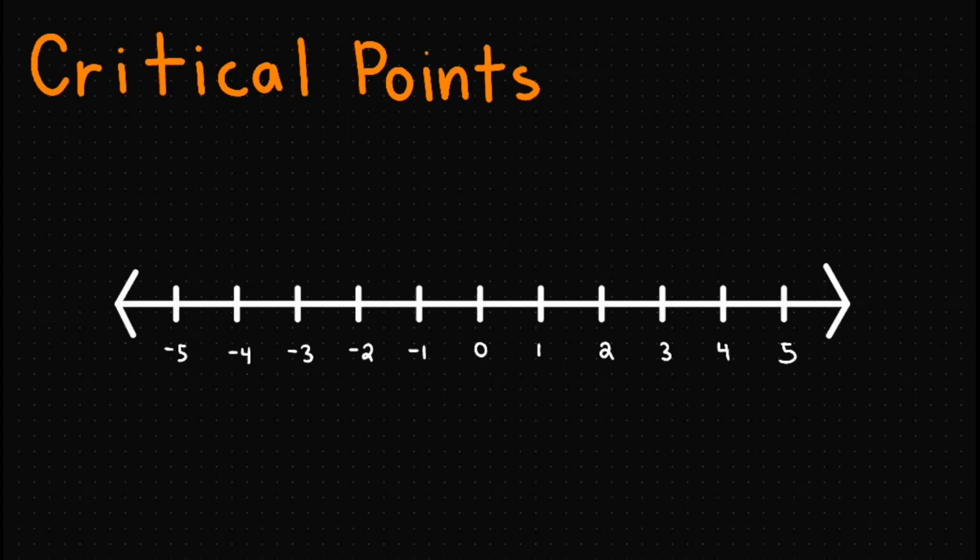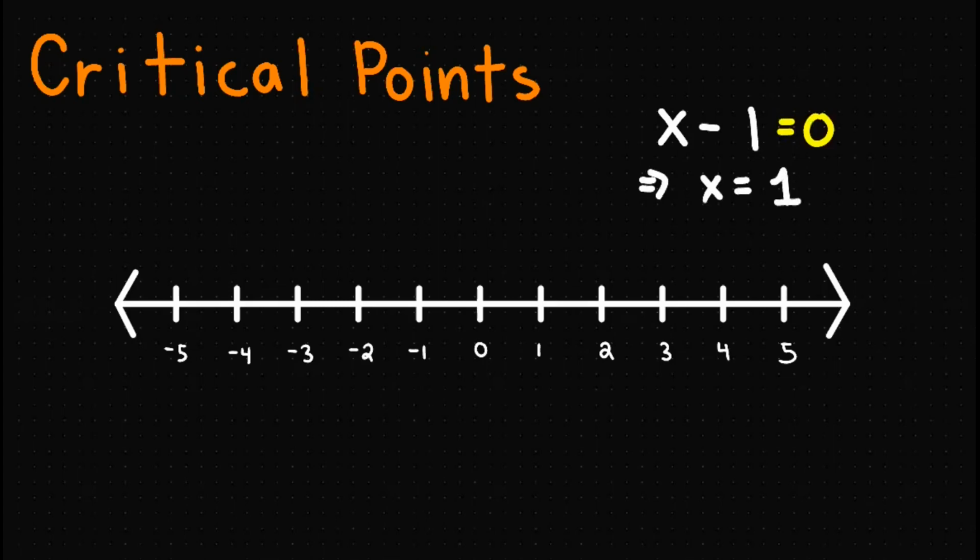So for instance, if we have a given x minus 1, the first step to get the critical point is we first equate this to 0. So that will give us x equals 1. And let's plot this one out here.